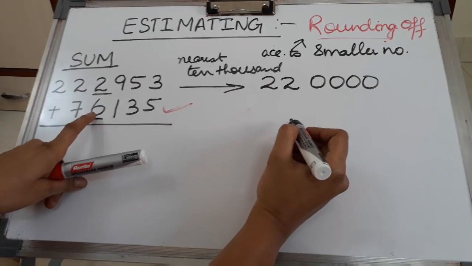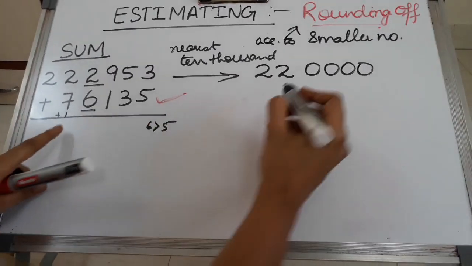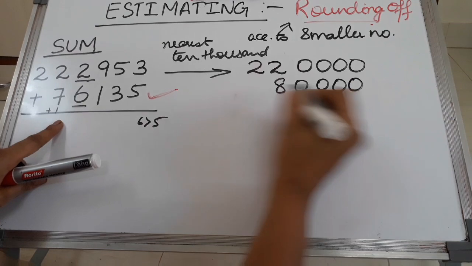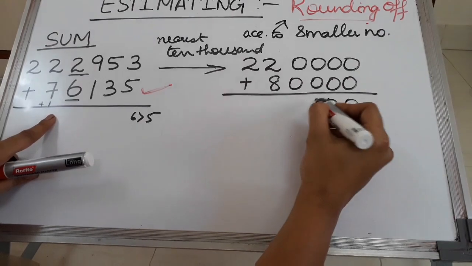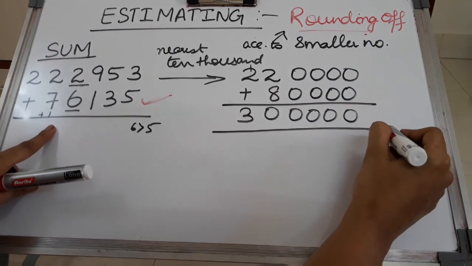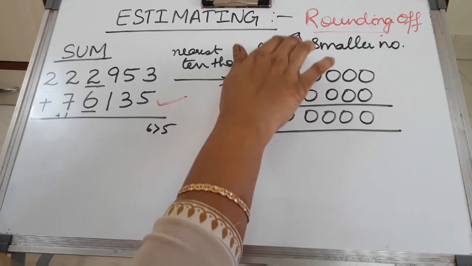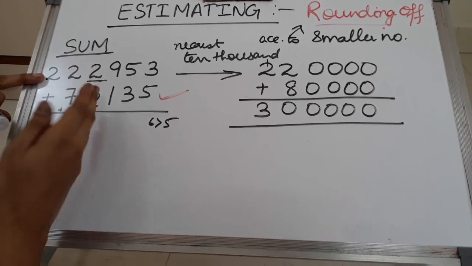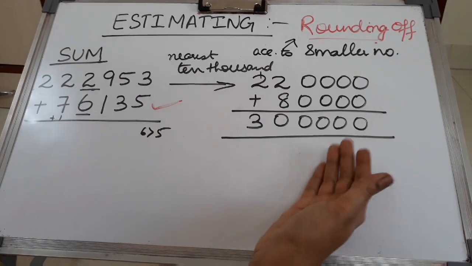Nearest to 10,000, again we see the 1000 value. 6 is more than 5, so we add 1 here, and this will be 80,000. Okay, very easy. And after rounding off, the answer we get is the final value. The important thing to note here is that we have to round off according to the smallest value in the question. Out of these two, the smaller number is this, so we round off to the nearest 10,000. 10,000 means we check the 1000th value and solve the question.